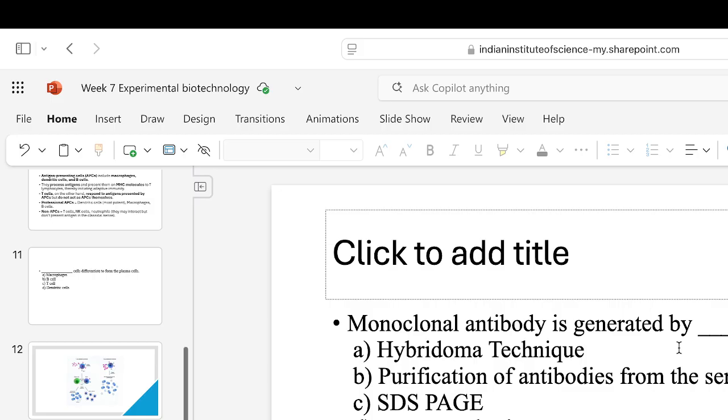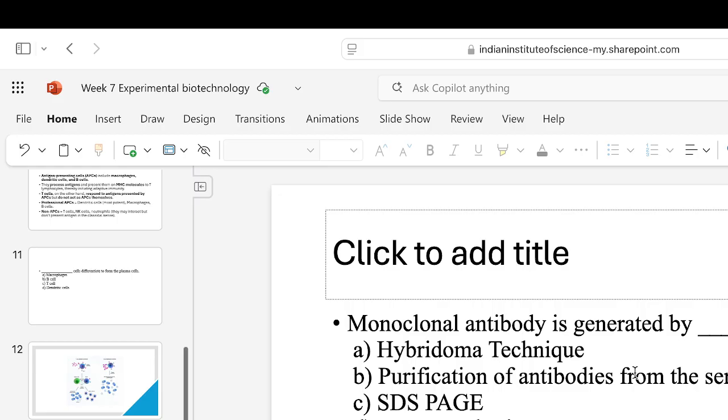Okay. Now that you've told about B lymphocytes, will it have monoclonal or polyclonal antibodies? It depends upon the antigen, I think so, sir. No, no. Here we're talking about humans, right? So you will have exposure to multiple antigens, so within the body you will not have only one antibody.